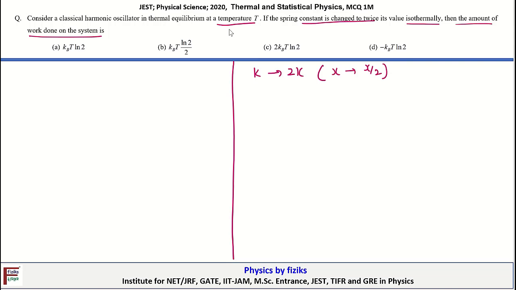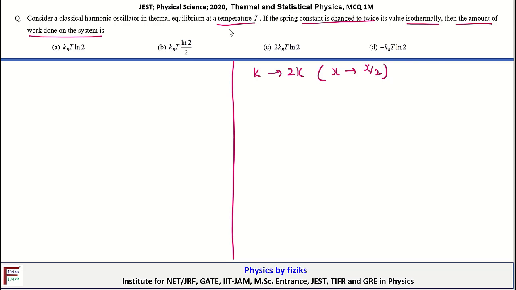So this is only possible when we are compressing the spring, so that means we are changing the potential energy of the spring. The potential energy is proportional to half k x square, and this change in potential energy is stored as the work done on changing its length.